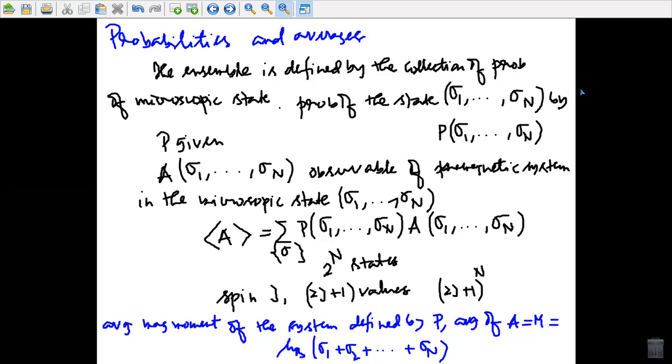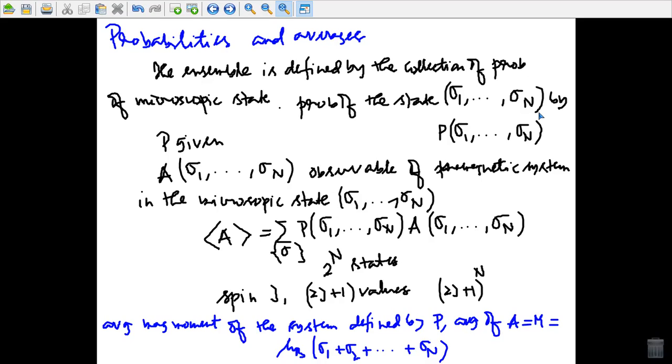Such a trajectory is described by giving the n-tuple sigma 1 to sigma n in a certain time interval. This approach is replaced of necessity by the ensemble approach, in which the time evolution is ignored and probabilities are assigned to all allowed states.